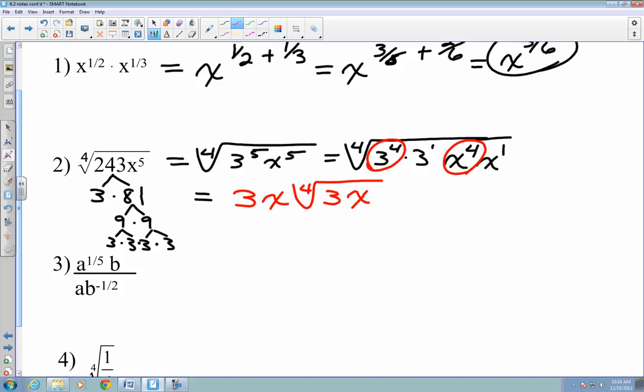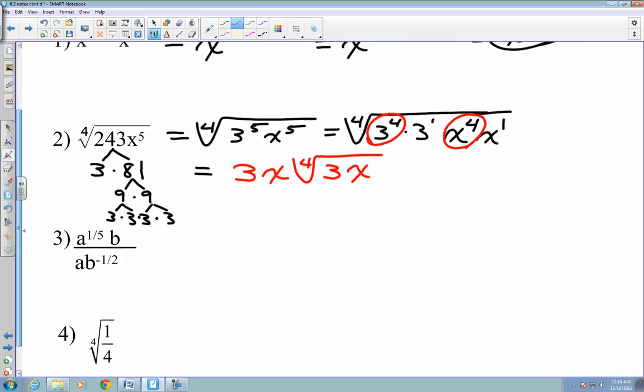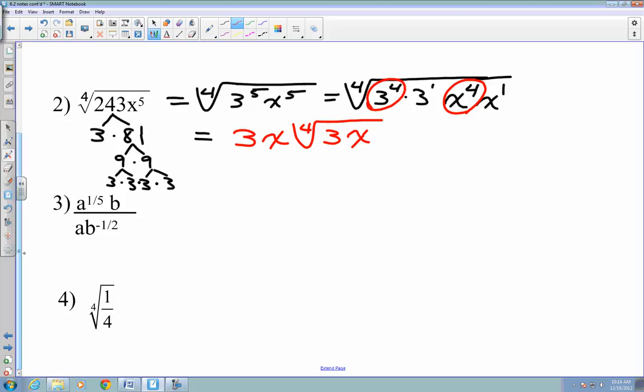That is the simplified version in radical form. If you're given something in radical form, I want you to give me your answer in radical form. If you're given something with fractional exponents, you can give me your answer with fractional exponents.